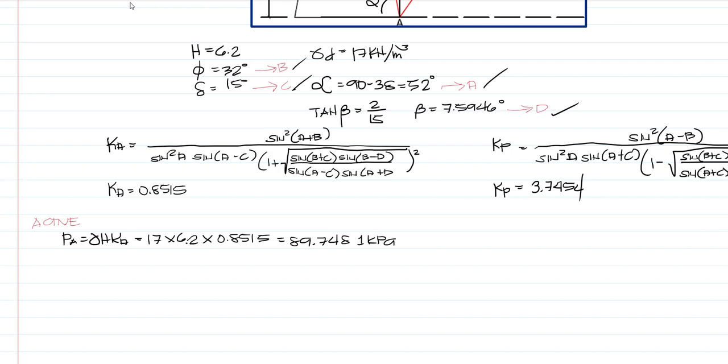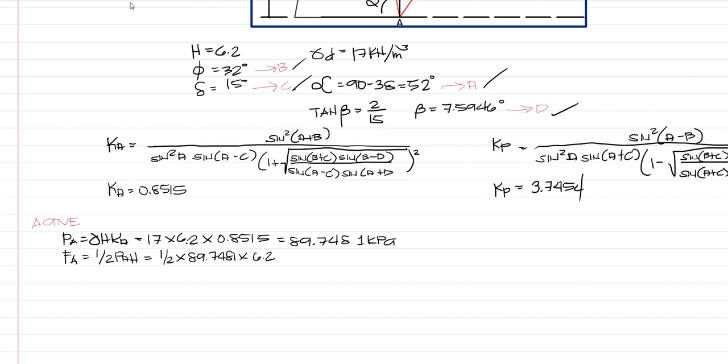And tinatanong sa atin, active thrust. So ibig sabihin, that is the active force. So that will be F sub A, which is equal to 1/2 times PA times H. So that is just 1/2 times 89.7481 times 6.2.